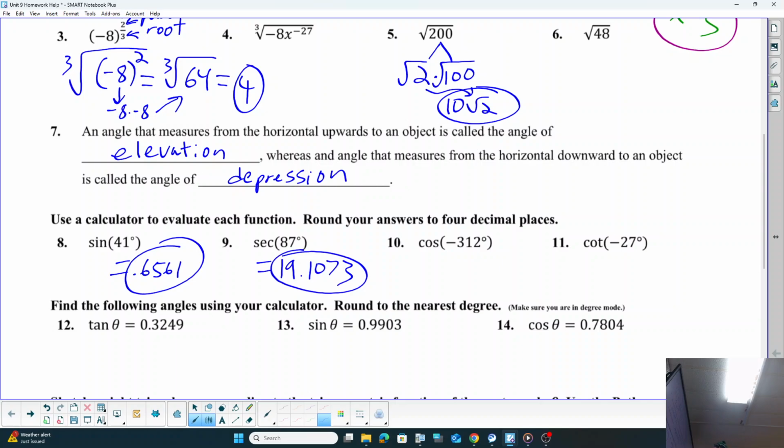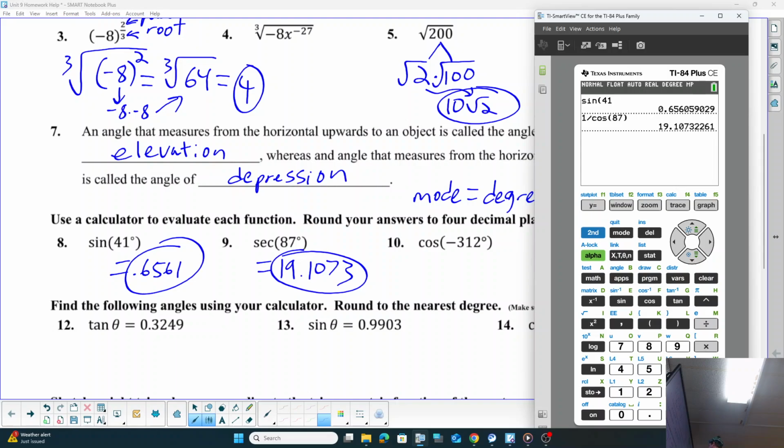So what's cotangent? Cotangent is 1 over tangent. Make sure your mode is in degrees. So 1 over tangent, negative 27. We're going to go 1 divided by tangent of negative 27.